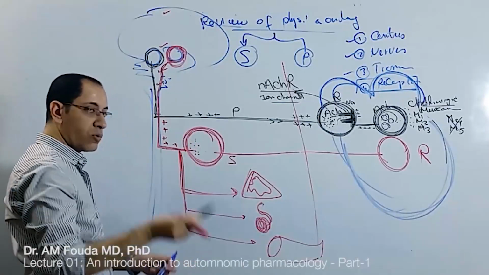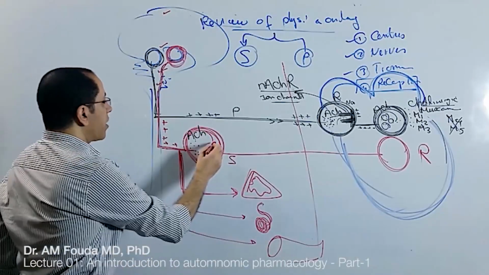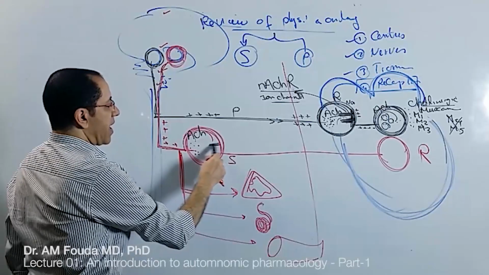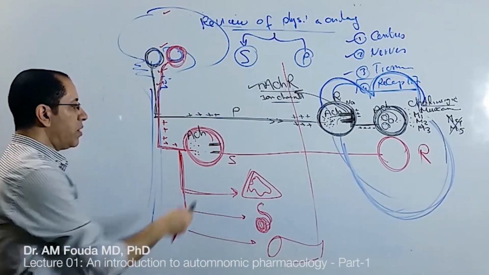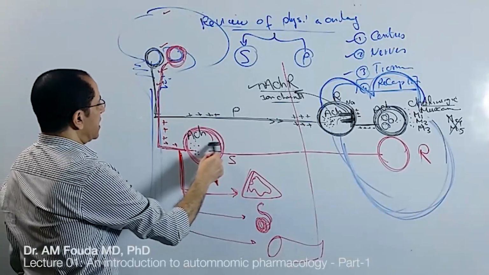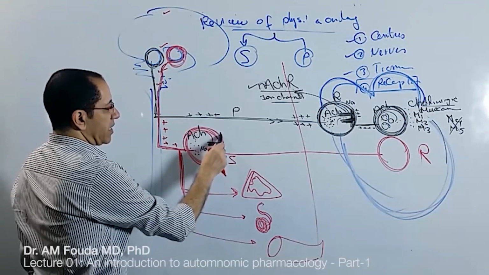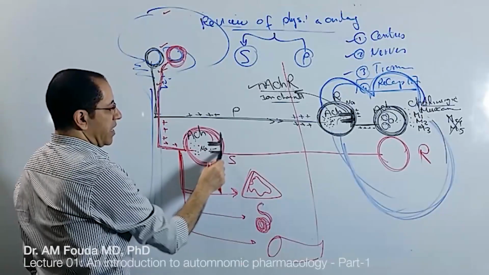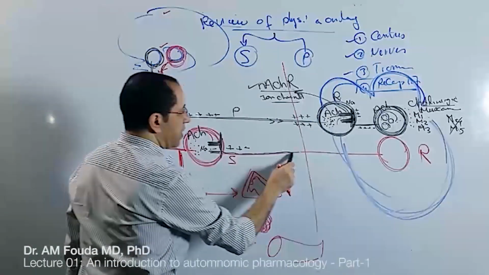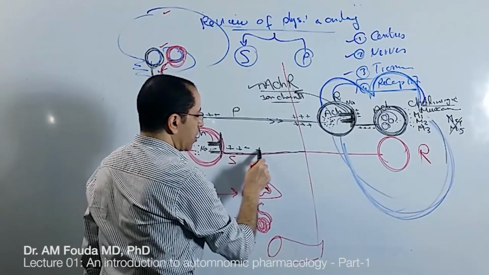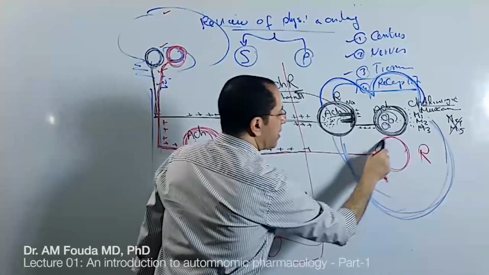However, this time, nerve endings don't release acetylcholine. Instead, they release another transmitter termed norepinephrine or noradrenaline. And a tiny amount of fibers release epinephrine, but most of them release norepinephrine. When vesicles rupture and release noradrenaline, noradrenaline acts on a receptor.